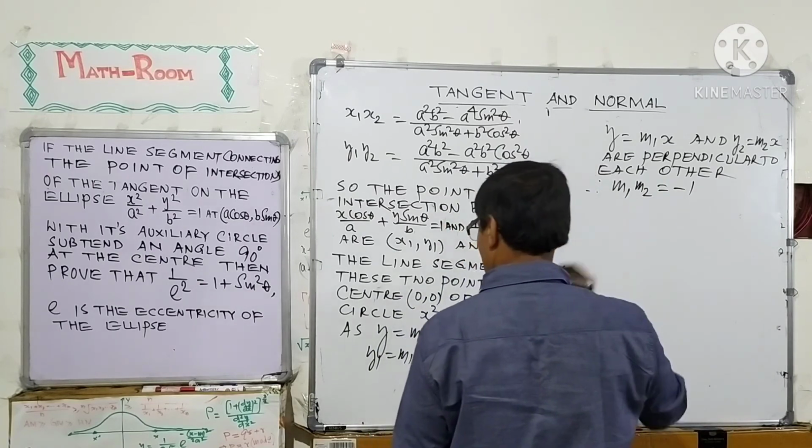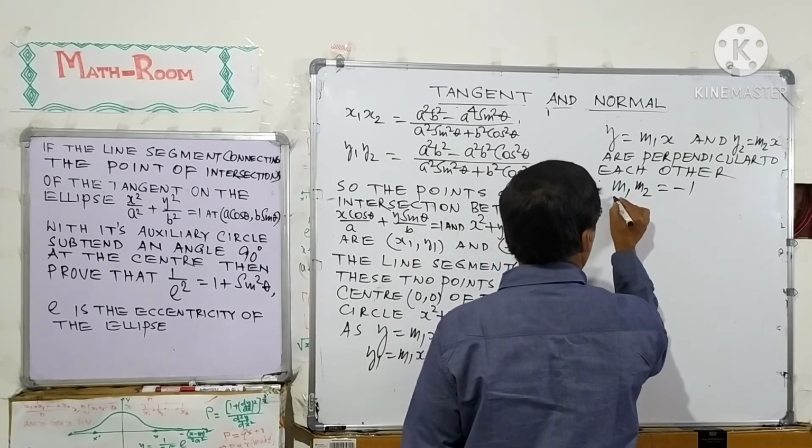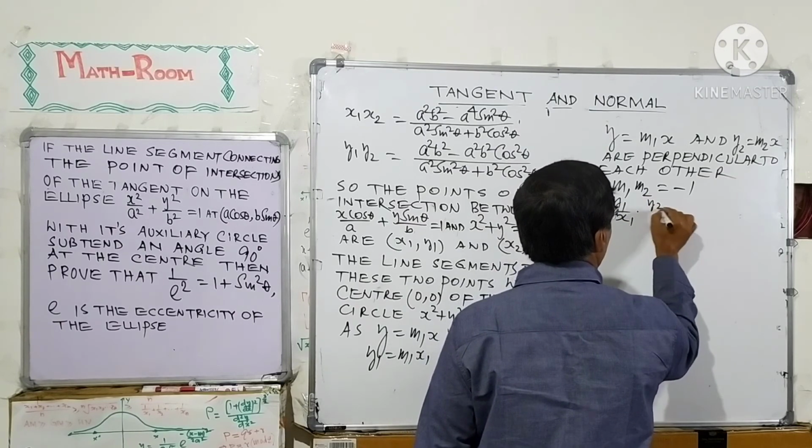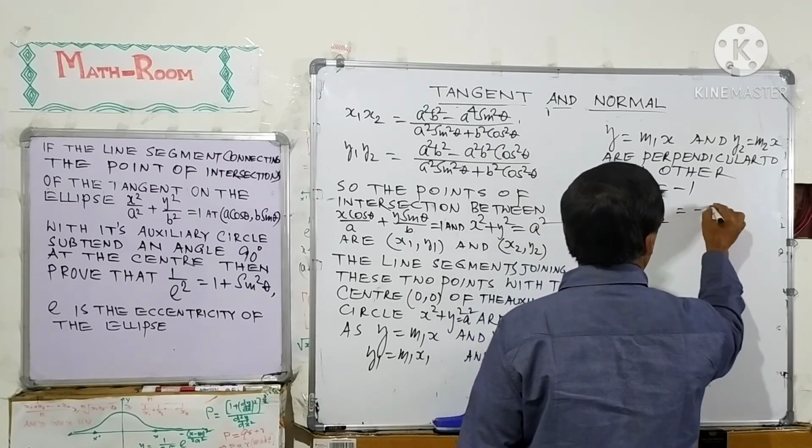So, m1 equal to y1 over x1 and m2 is y2 over x2, and the product equals -1.